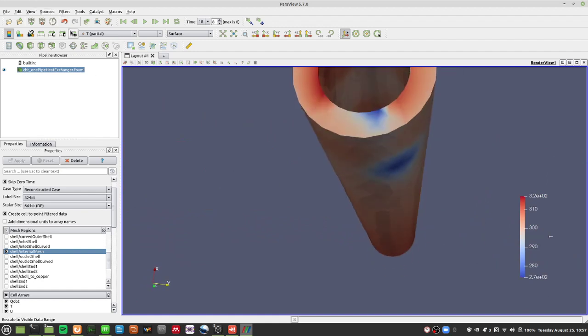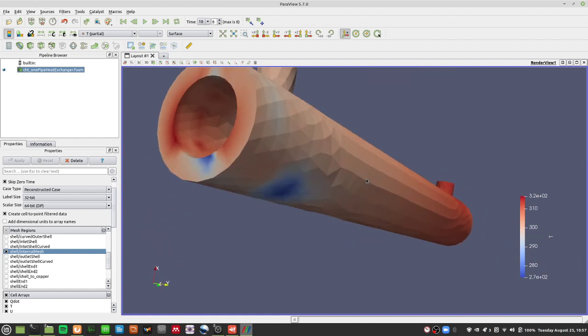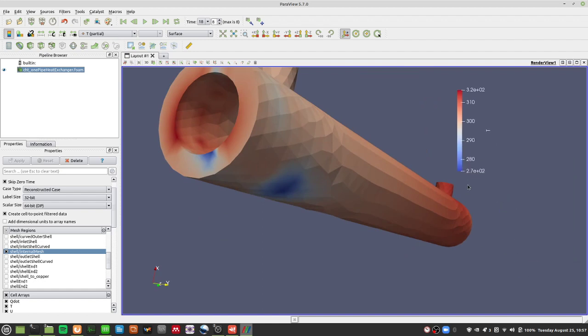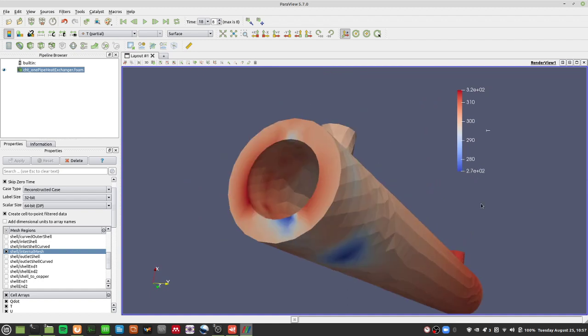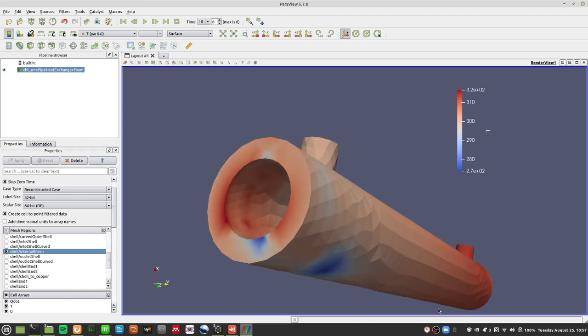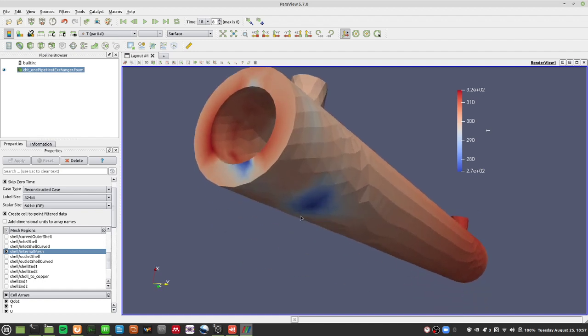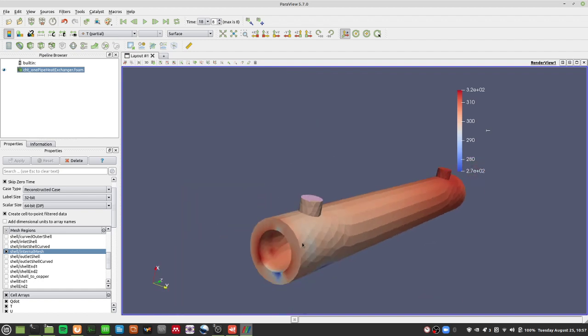Now, one thing to be very mindful about is that there are some blue portions over here, and these are actually at about 270 Kelvin. Now that's a bit concerning, because 270 Kelvin is about 0 degrees C, and the tube side is supposed to be cold, but not that cold.